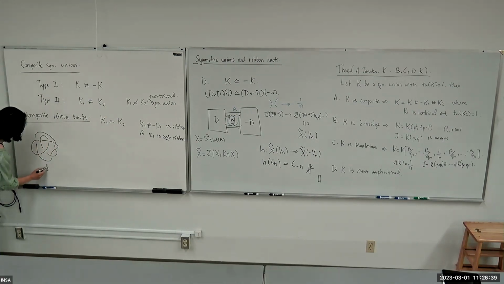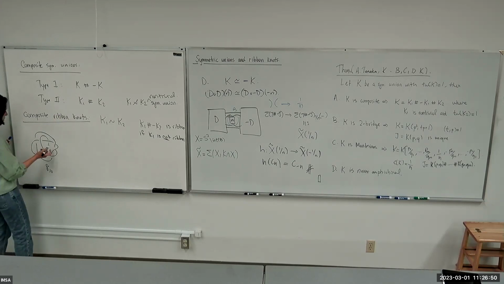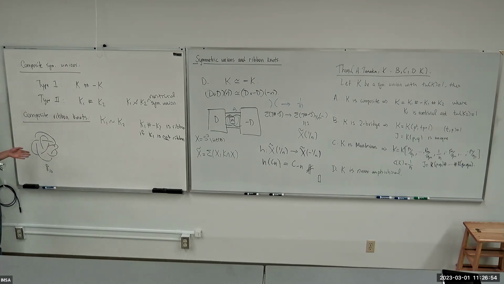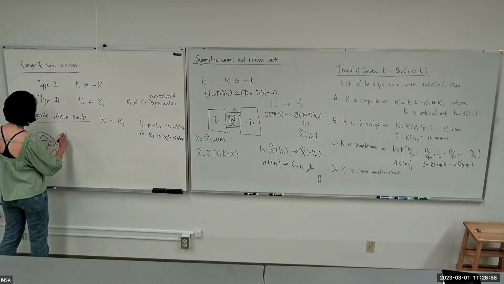This is not 8_10. Remember, I had the picture before that the triple connected sum of 8_10 was one of them. Anyway, you can just look at this concordance, and it will give you a concordance between 8_10 and 3_1, and you get 3_1.